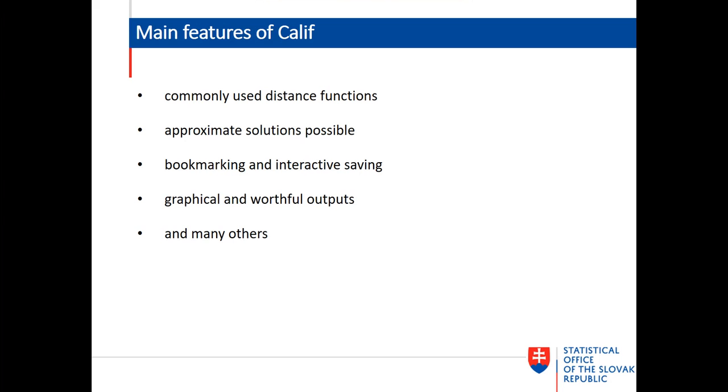So not only exact solutions, but also approximate solutions. It is a very powerful tool if you calibrate on many constraints simultaneously when no exact solution can be found. You can bookmark your work at any time, check some graphical outputs and many others.